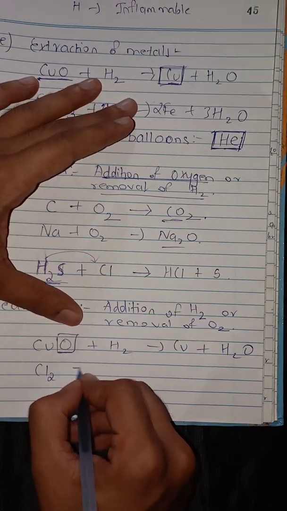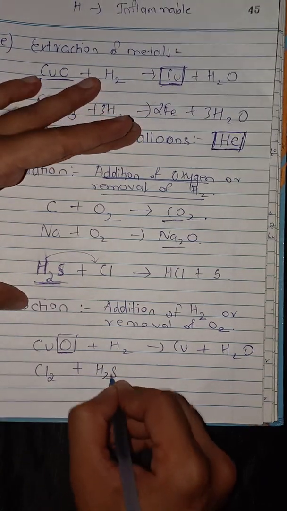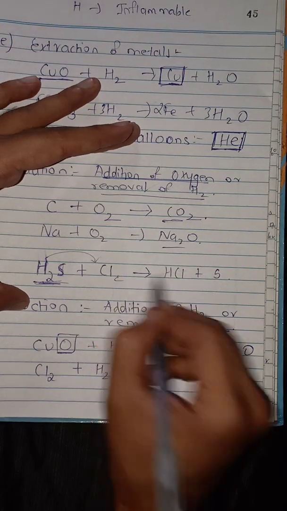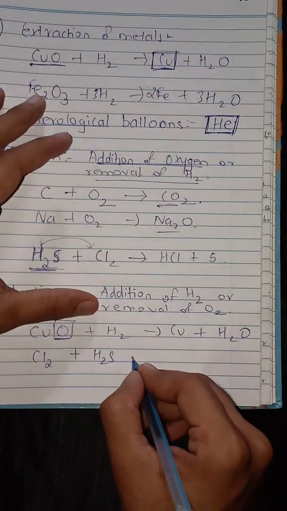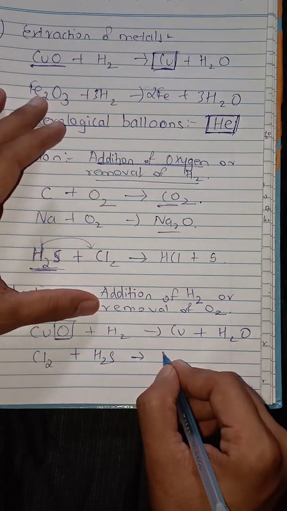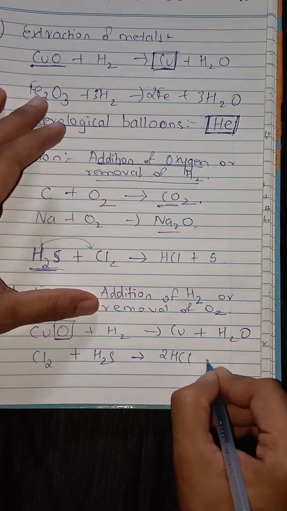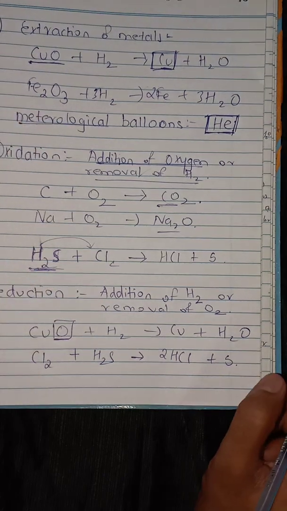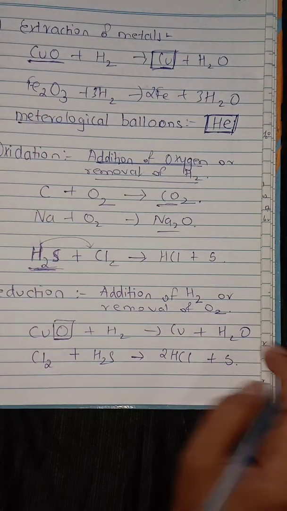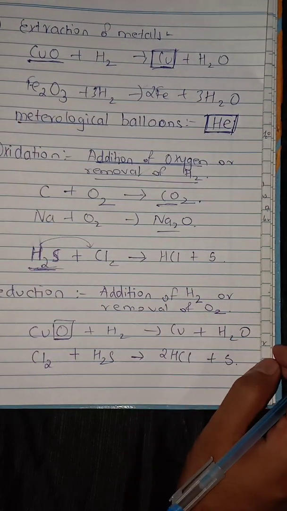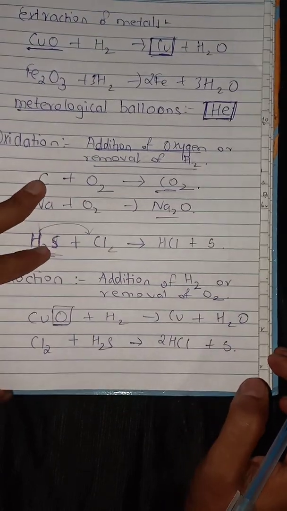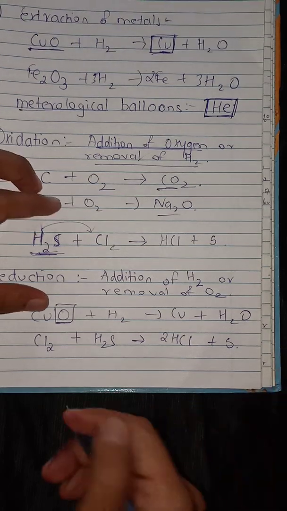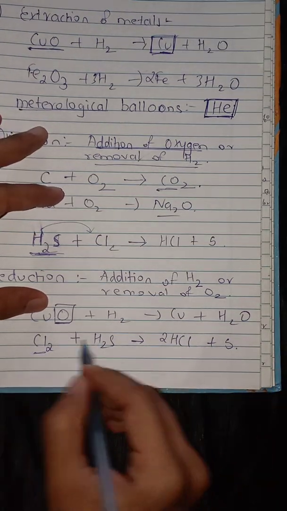Chlorine. Okay, and I am going to make it react with H2S. So what is going to happen? We are going to form 2HCl plus S. Okay, the same reaction, but the difference between those is addition of chlorine.